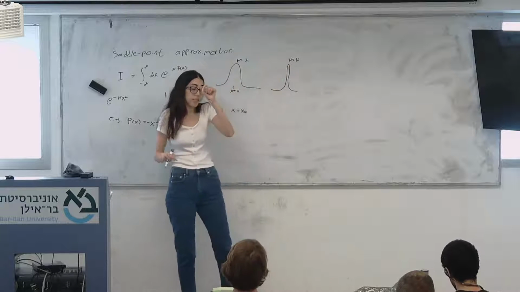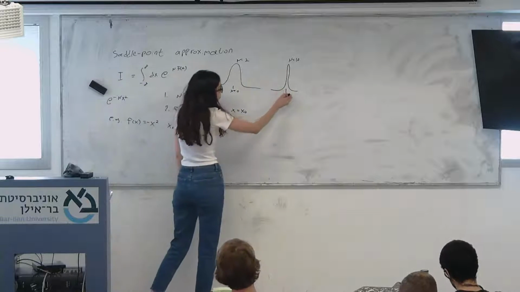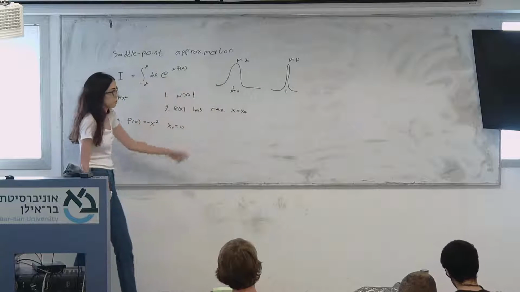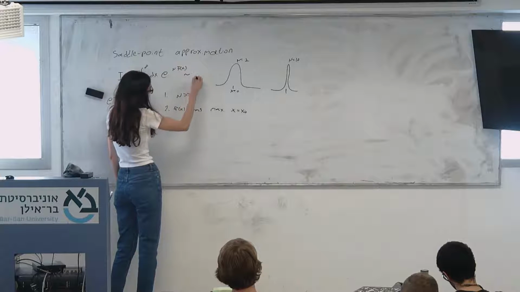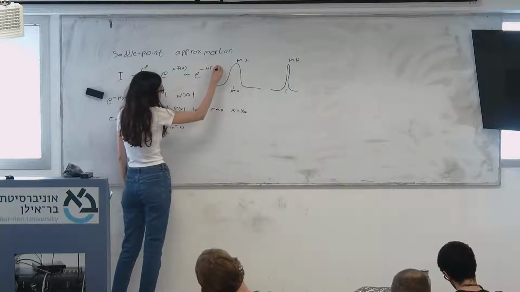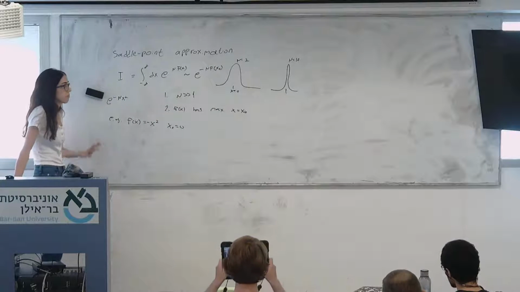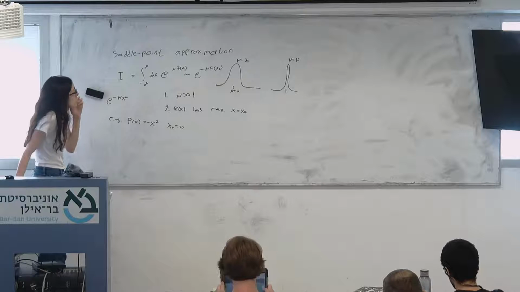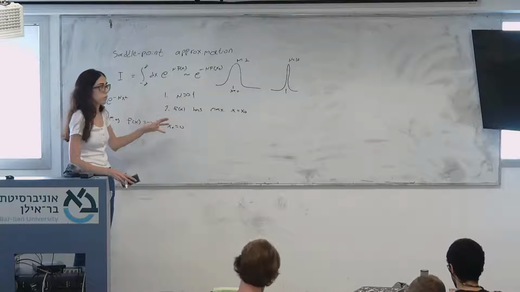It's like a delta function limit. We're going to get most of the contribution from the point x0. So the approximation says that I can take that to be approximately e to the minus n f of x0. This is one tool that we are going to use.